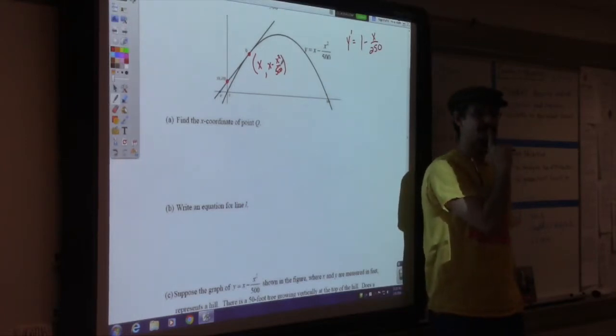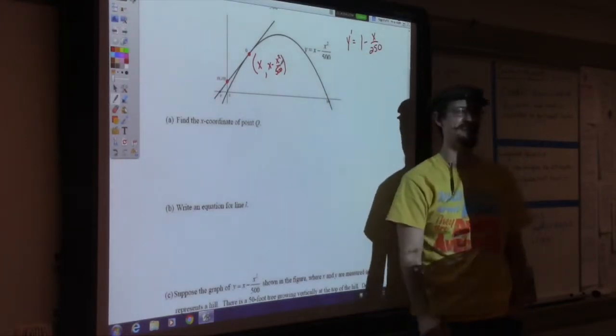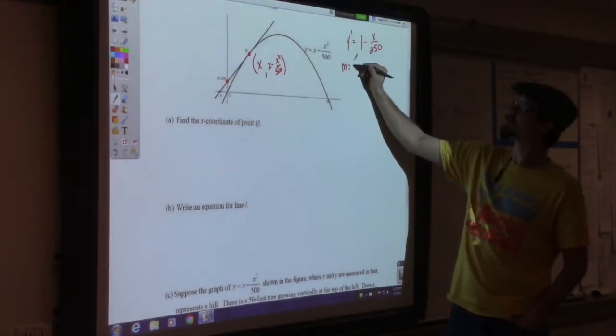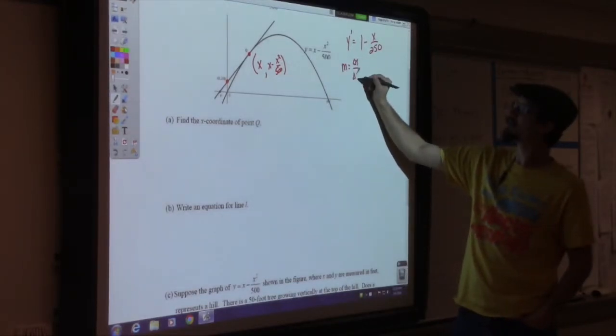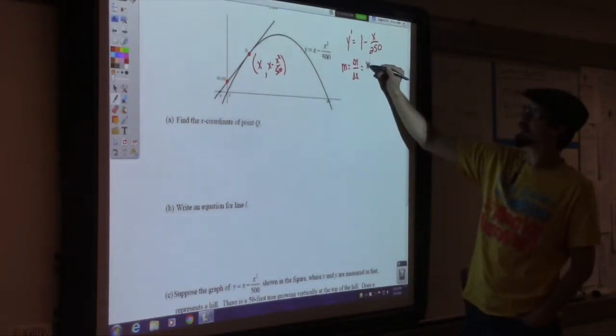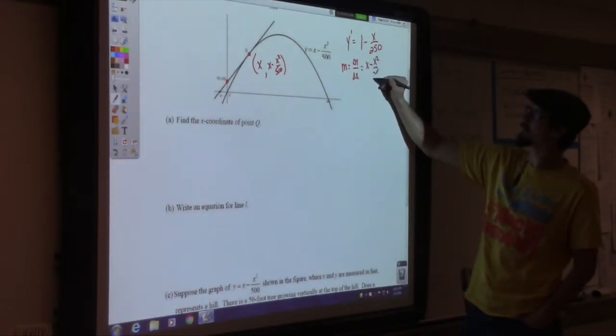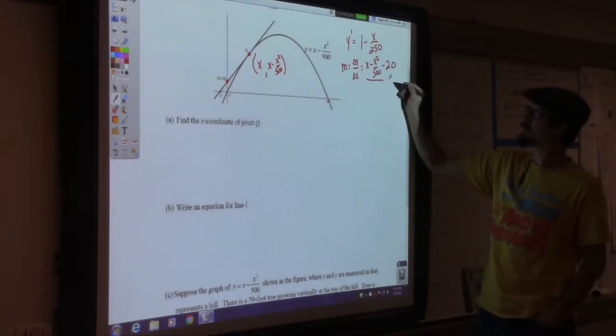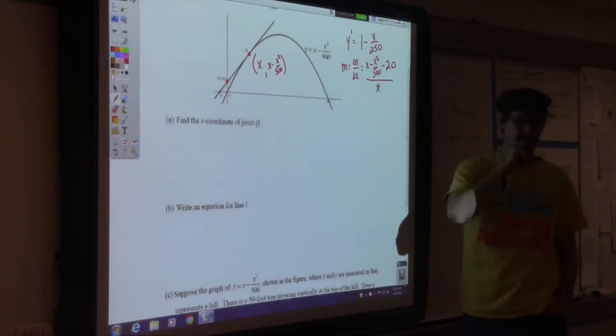We can use the slope equation. We can use the slope, which is the change in y over the change in x, isn't it? So what would we call that? We'd call that x minus x squared over 500 minus 20 over x.